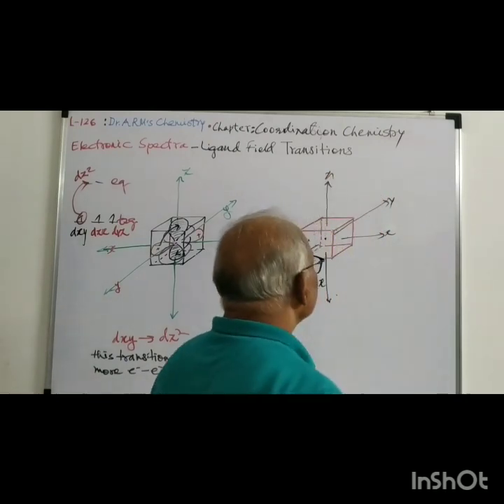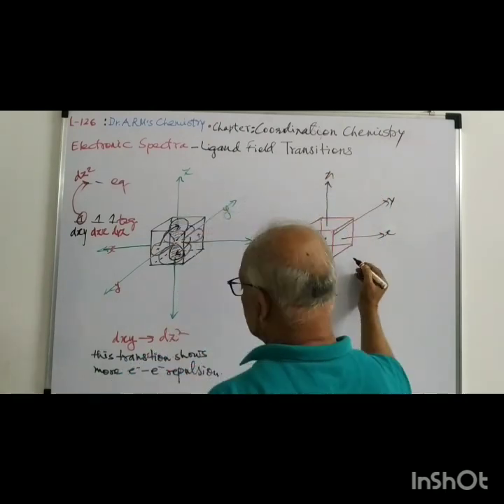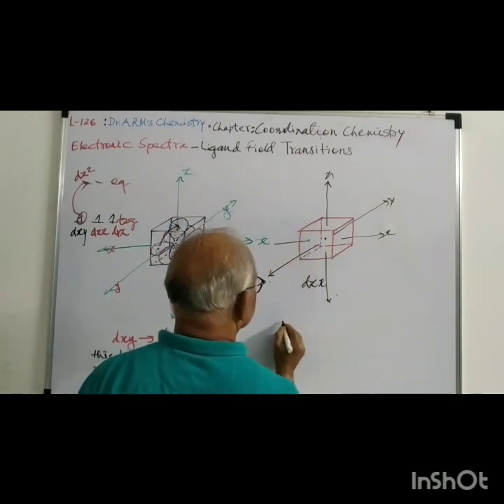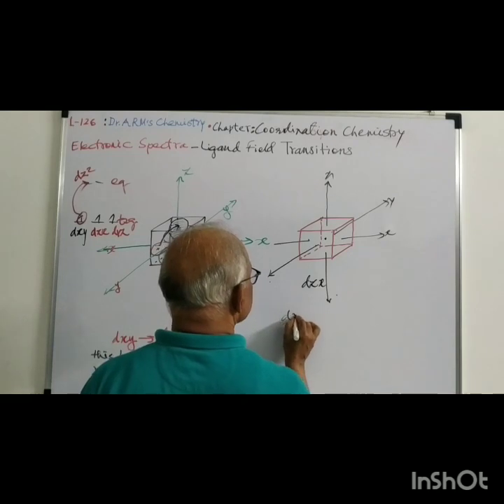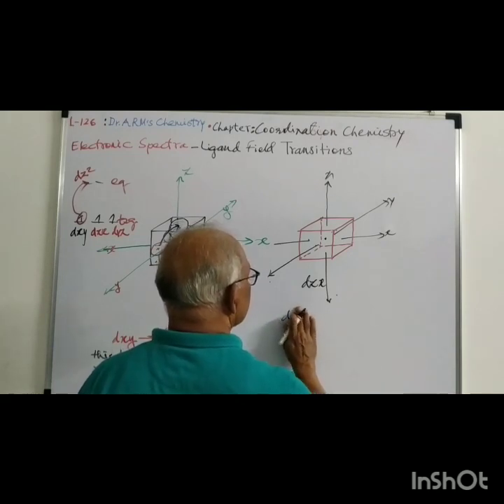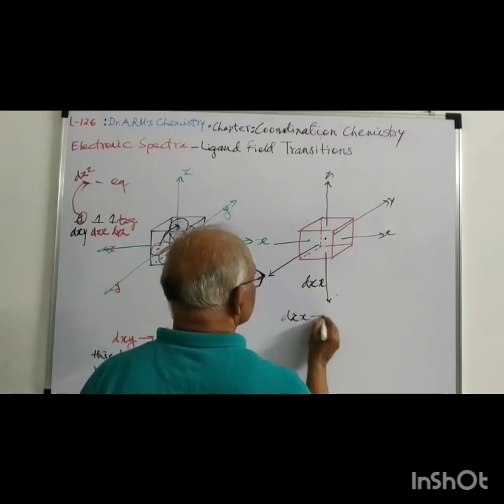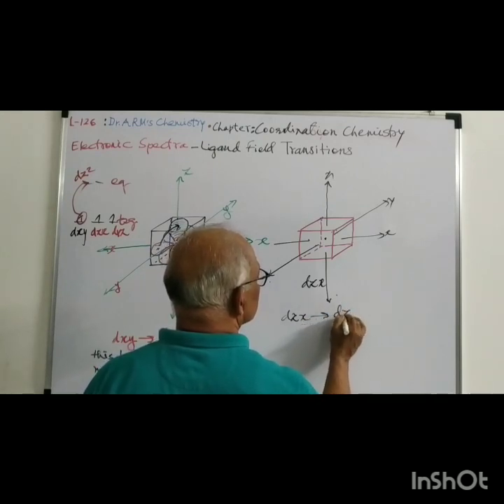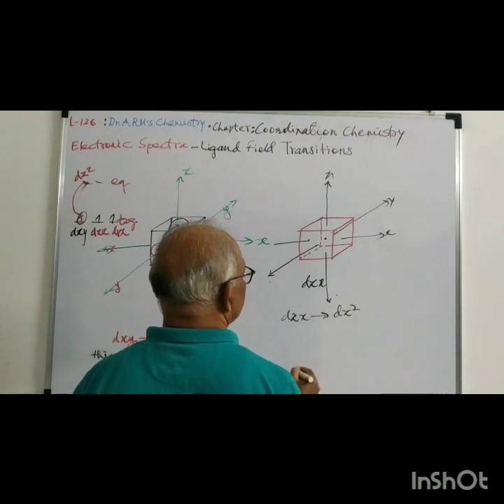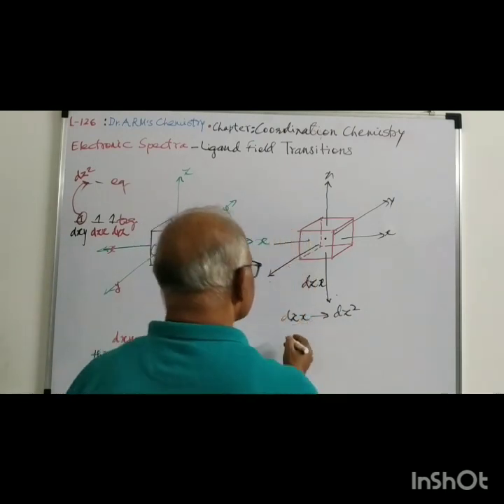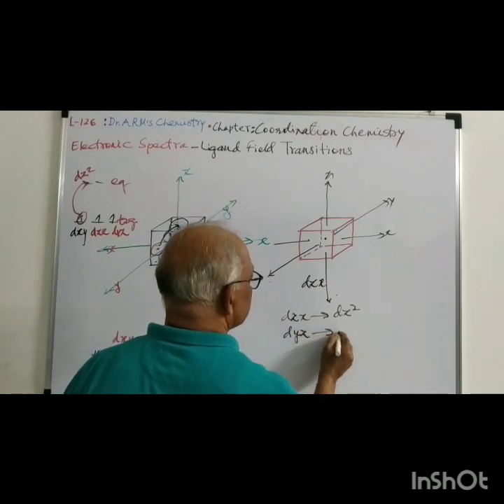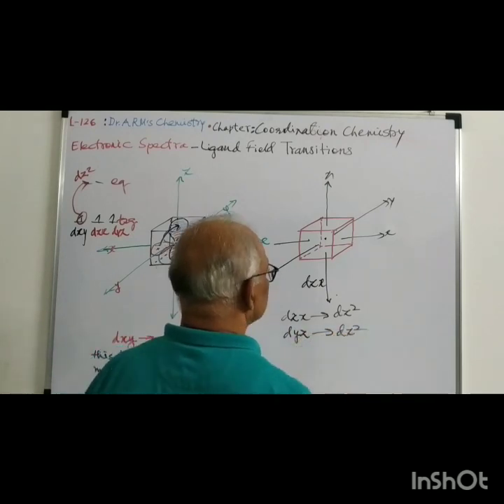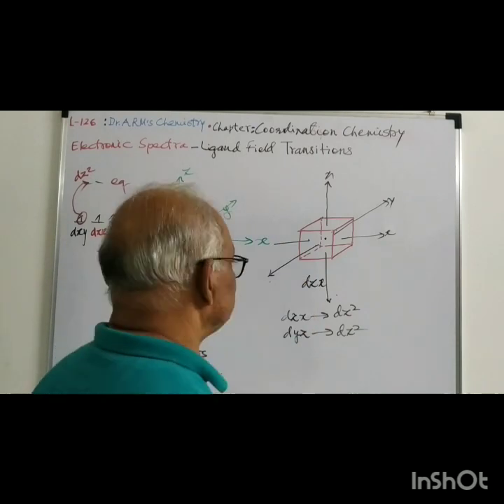So we will have the orbital dzx. So dzx shows excitation to the dz2 orbital, or we can consider similarly dyz shows excitation to dz2. We can imagine any of that.